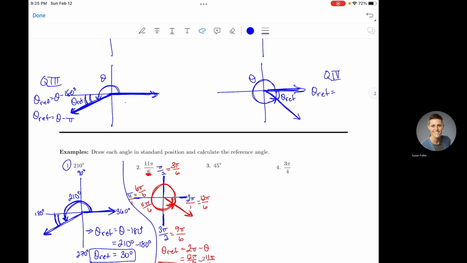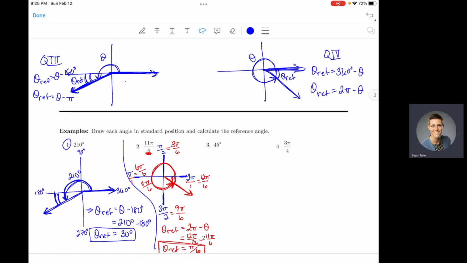So we are going to do 360 degrees minus your angle theta if we are in degrees, or if we are in radians, we're going to do 2 pi minus theta. Our reference angle is how far short of the whole circle we are, so we're going to subtract our angle from the whole circle to find those.